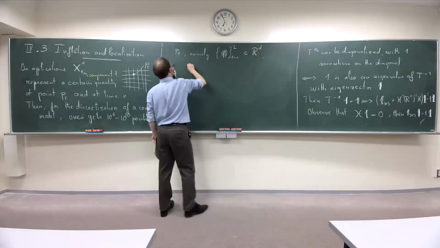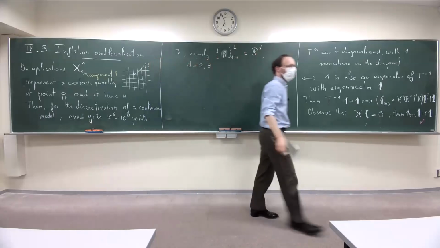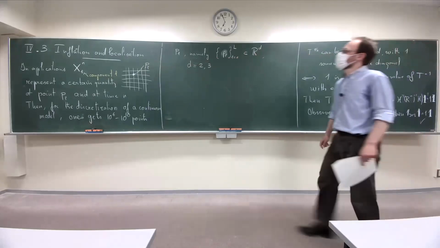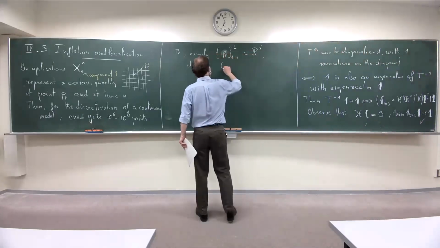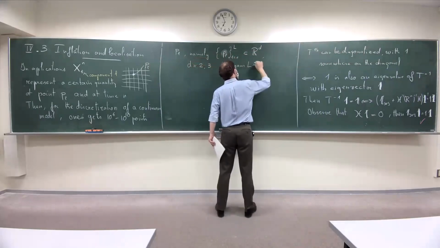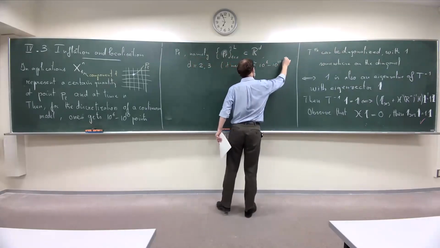And d is usually equal to 2 or 3, depending if you deal with a problem in 2 dimensions or in 3 dimensions. So it means here capital L is typically 10^6 to 10^10, such a big number.